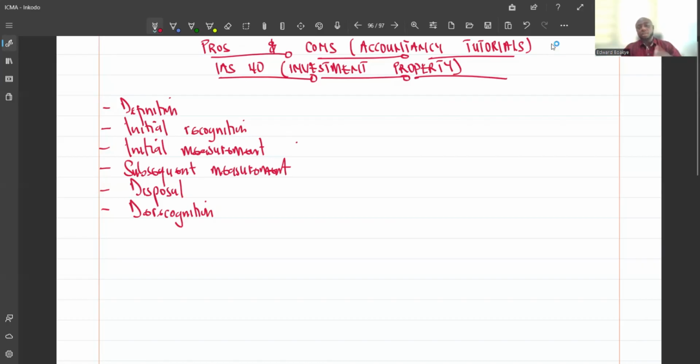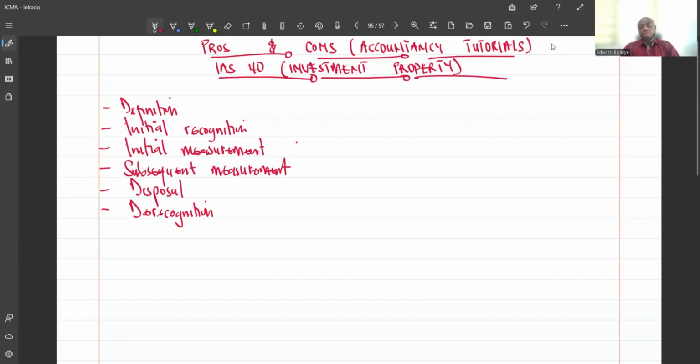Right? So we will have to get to know all these things also under IAS 40, as we did under IAS 16. So now, what then is IAS 40 investment property?